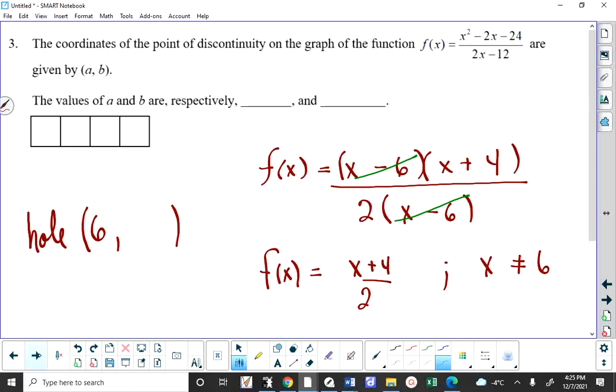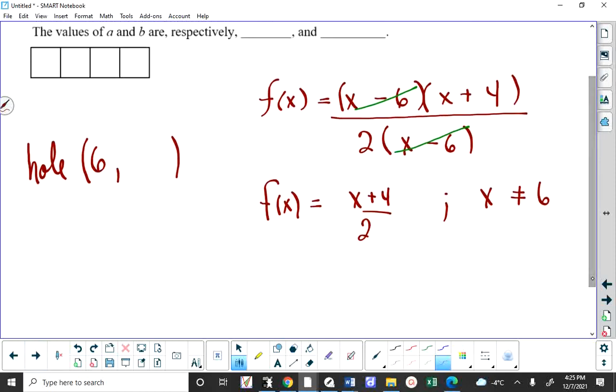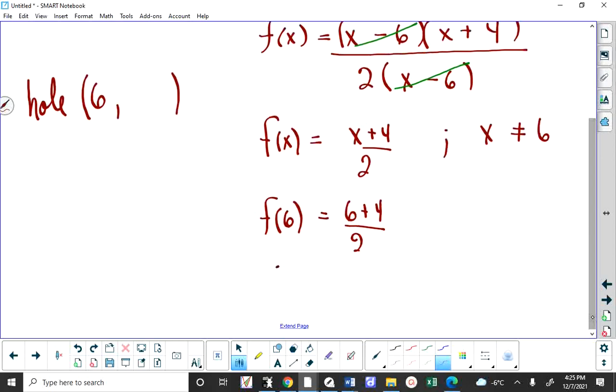But what I've taught you is, even though you're not allowed to use that non-permissible value, you're not allowed to calculate f of 6 because you can't use x equals 6, if you find f of 6, what you're finding is the y-coordinate, 6 plus 4 is 10, divided by 2 is 5.